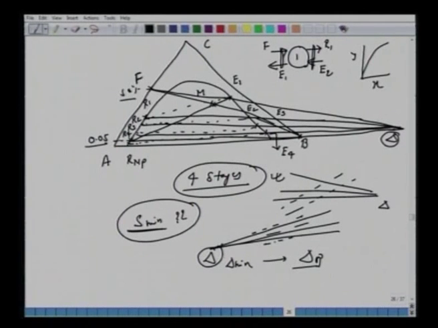And when the delta point goes to the left or to the right, you should recall it depends upon the amount of solvent. If you have chosen here, this E1 is here, but if the E1 falls here because of a different amount of solvent, or this mixing point goes like this, then there is a possibility that this E1 and F, if extended, may go back to the left hand side.